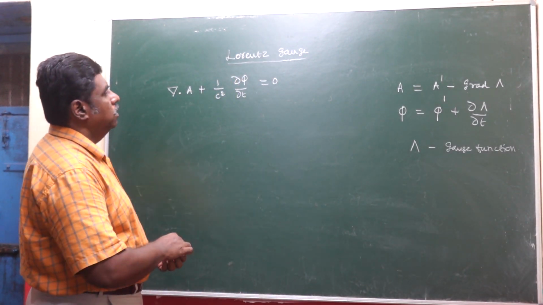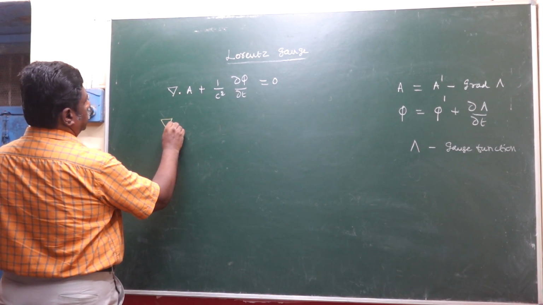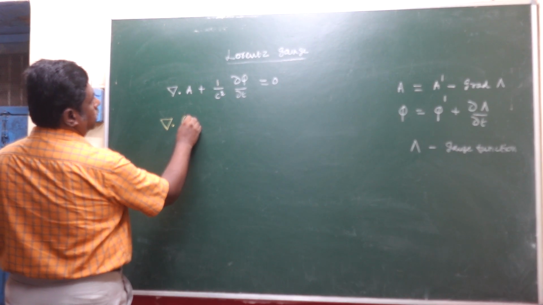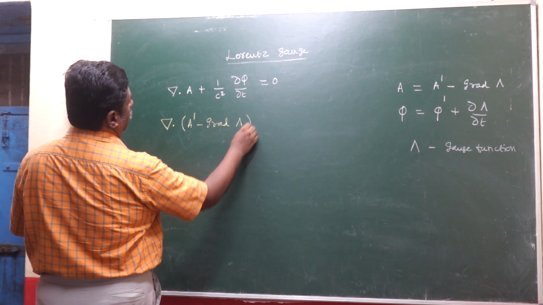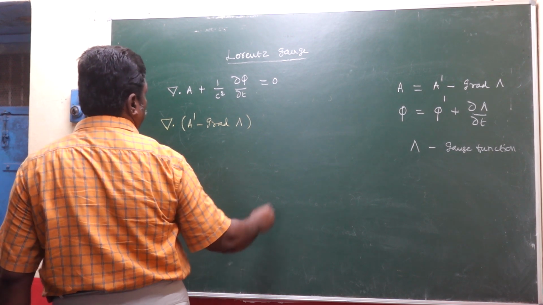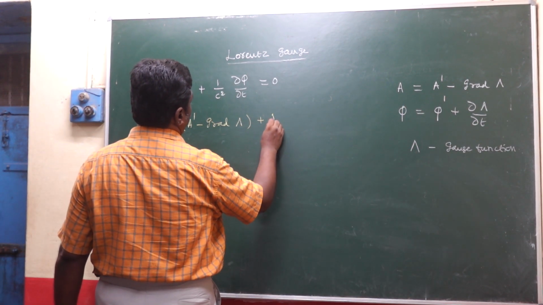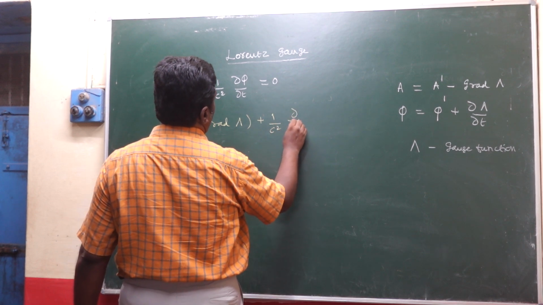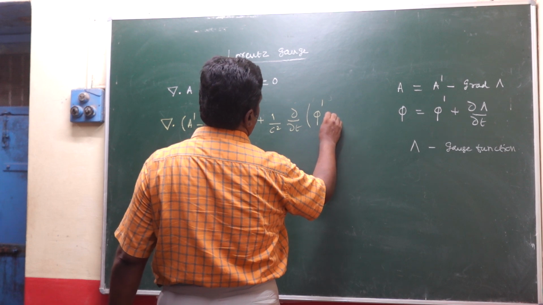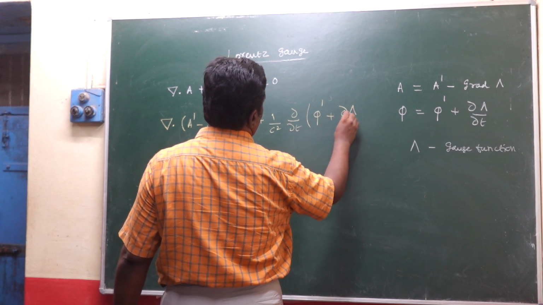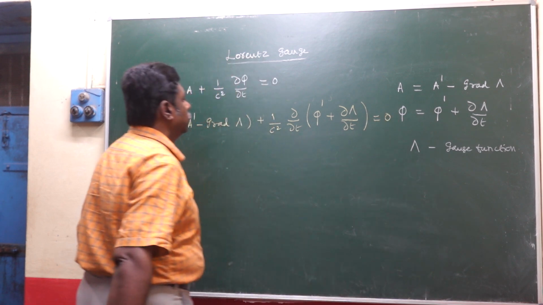Instead of A, we have to substitute A dash minus grad lambda in del dot A, plus 1 by c square dou by dou t of phi, which should be replaced by phi dash plus dou lambda by dou t, equal to 0.